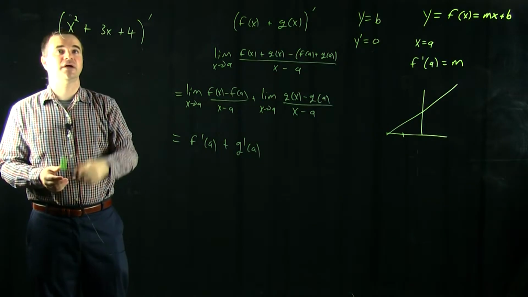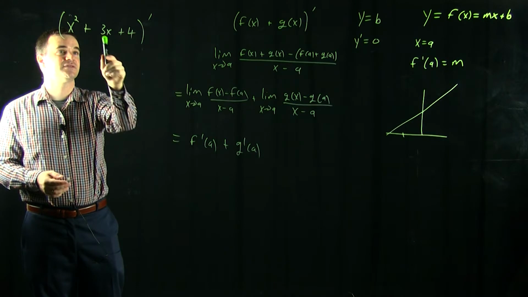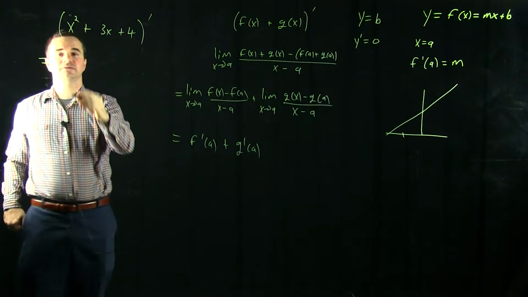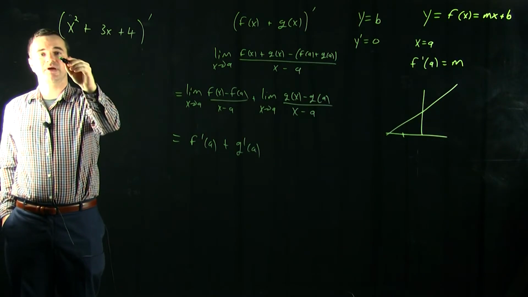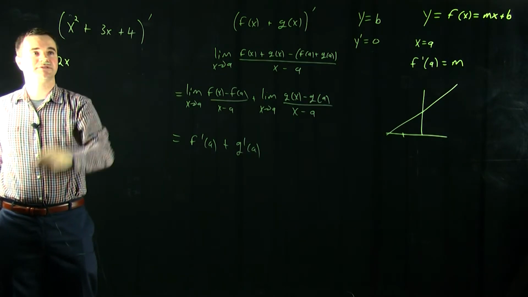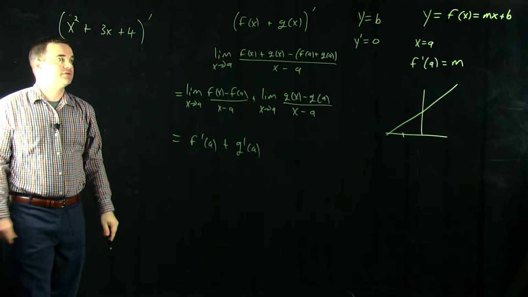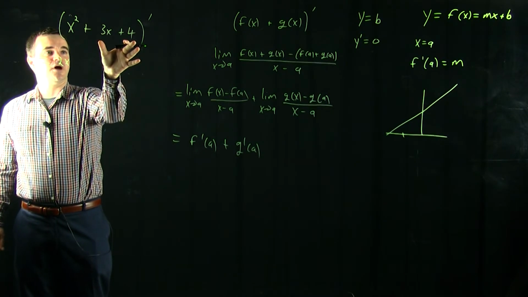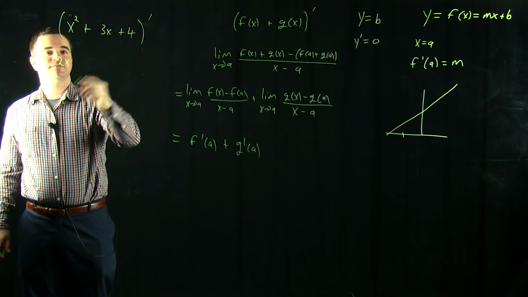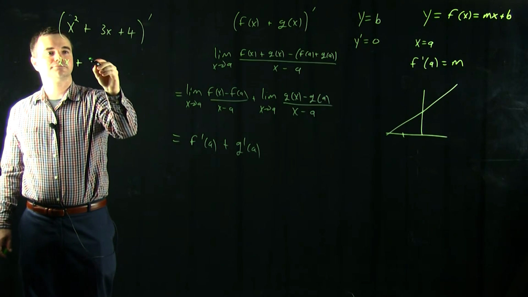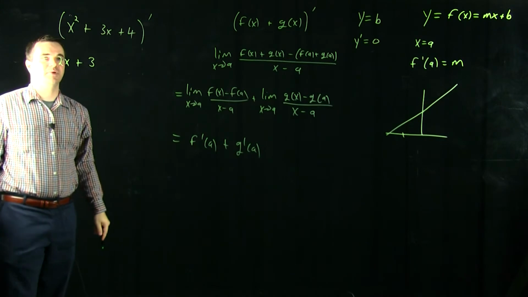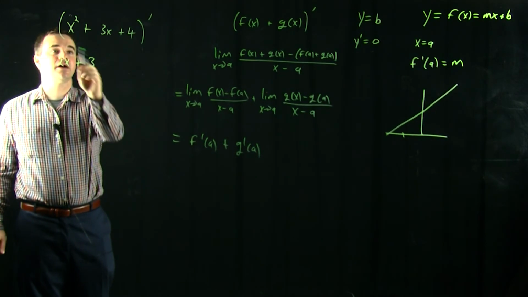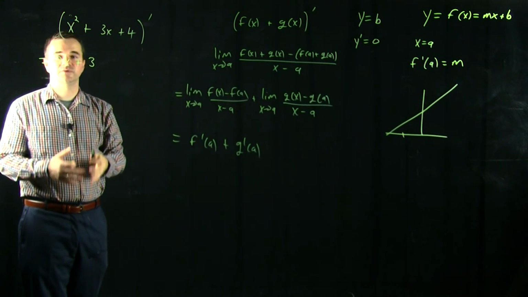And the way I can do it, I can think of x squared as my f of x and 3x plus 4 as my g of x. And so that's going to be the derivative of x squared, which we figured out earlier was 2x. And just over there on the other display, we saw that the derivative of mx plus b is nothing but the slope. So that let me quickly calculate this derivative without doing any extra work.